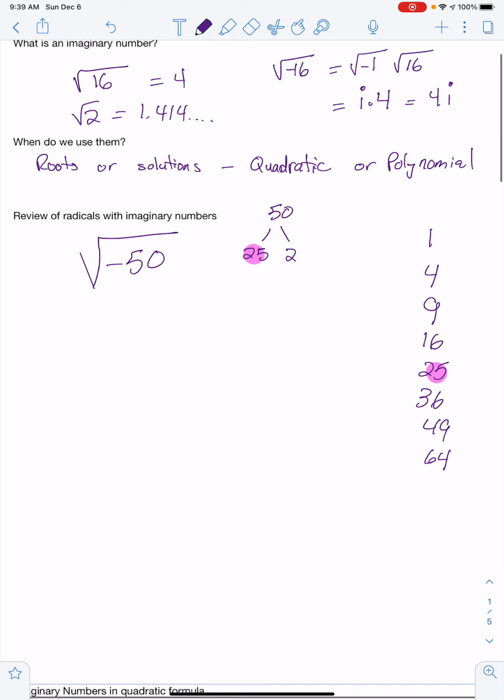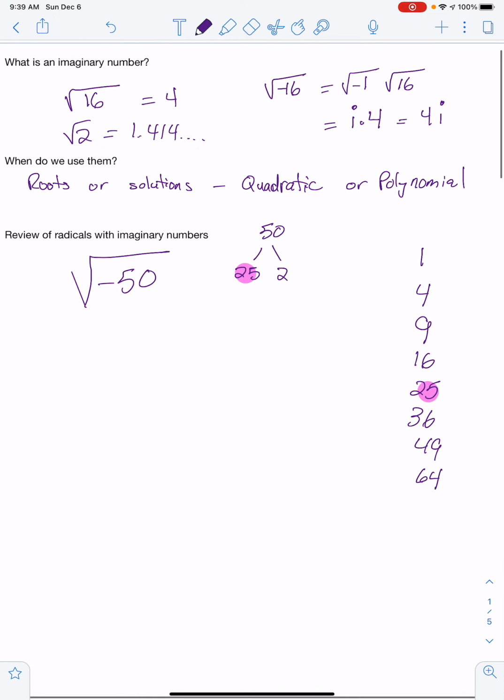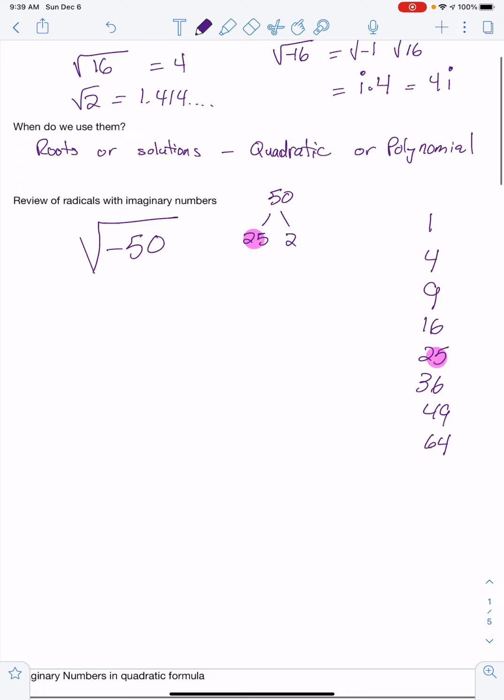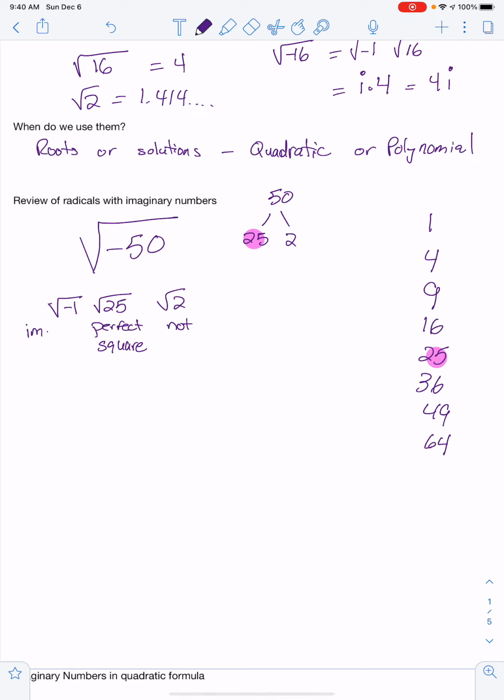In addition, there's that negative there. So we're going to break this into factors that combine to be the square root of negative 50. So the square root of negative 1 needs to be there. The square root of 25 is the perfect square part. The square root of 2 is the not perfect square. And the square root of negative 1 is the part that's going to get us our imaginary piece.